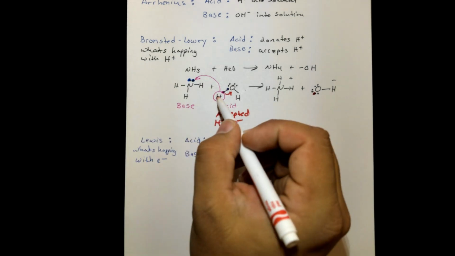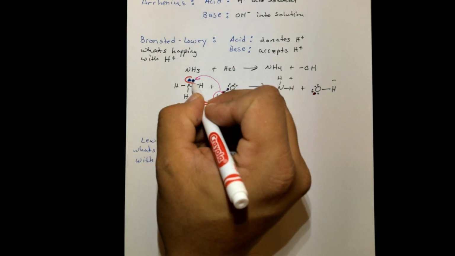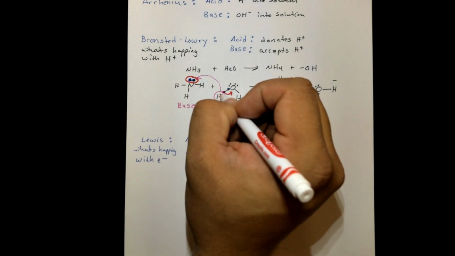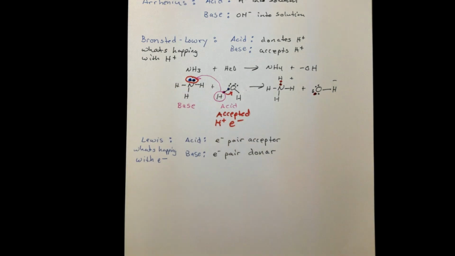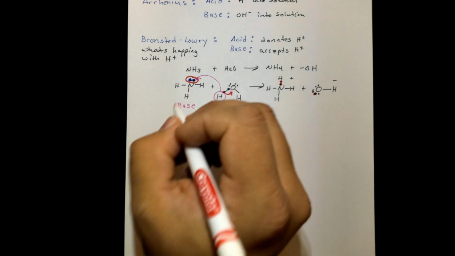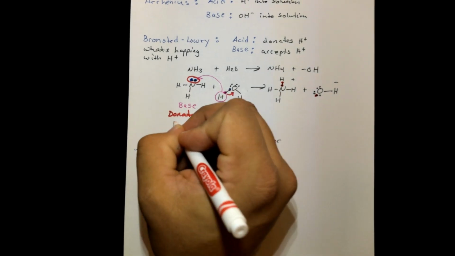And when hydrogen became this H plus floating around, nitrogen donated the 2 electrons to this hydrogen to make this bond. So these 2 electrons right here actually belong to nitrogen. So to make this bond right here, he donated his 2 electrons.